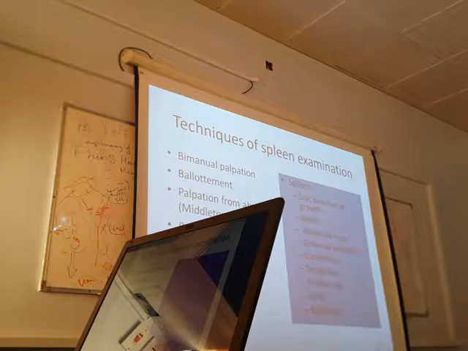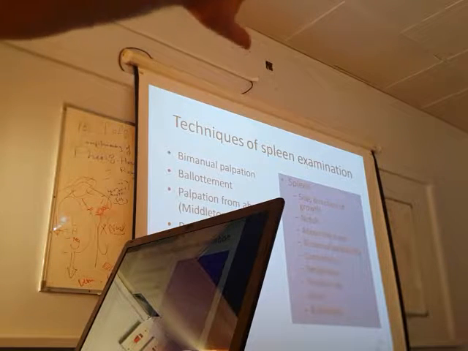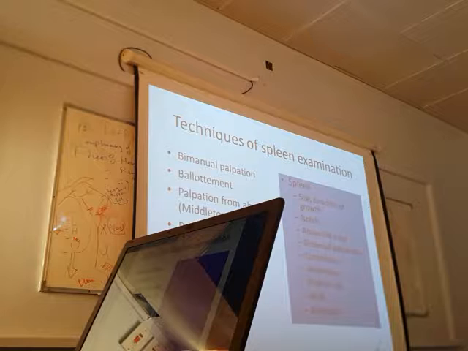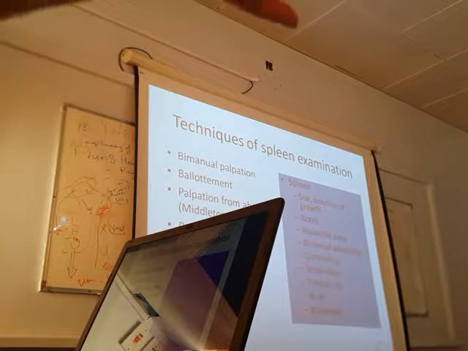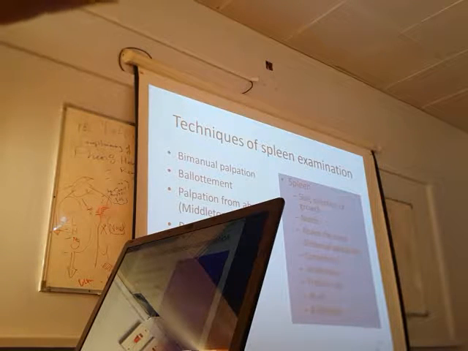Now the technique of palpation of the liver. This is the important application. Start from the right iliac fossa and go above. With each respiration, expiration and inspiration, move 1 centimeter at one time. 1 centimeter with each breath.